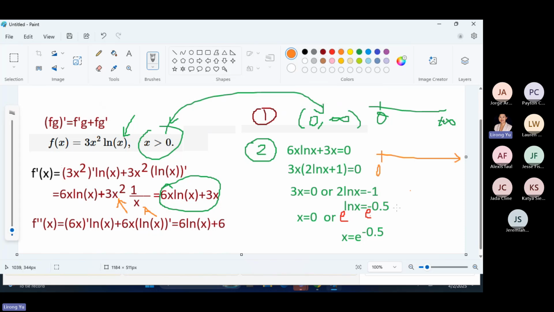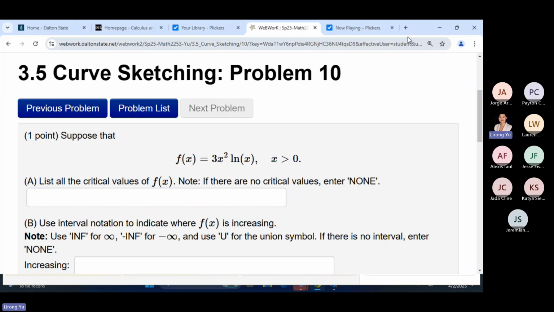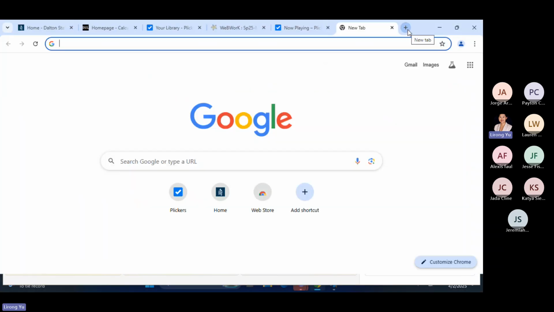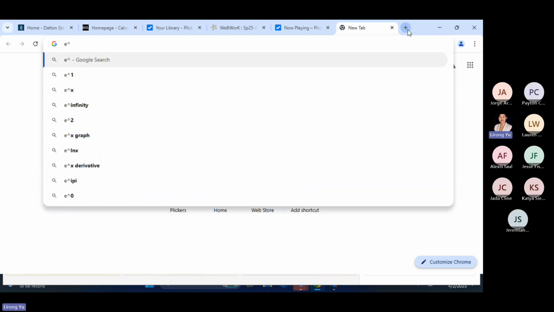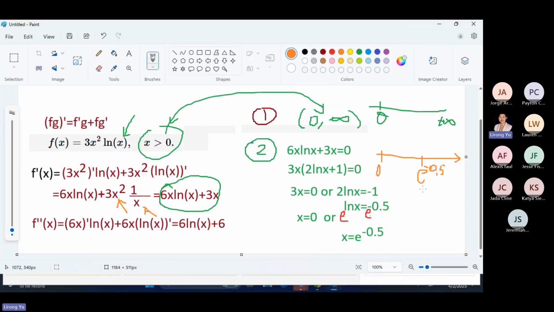You have your 0 and e to the -0.5. You can find the value in your calculator, but it's a positive number. It's roughly 0.6 in value.